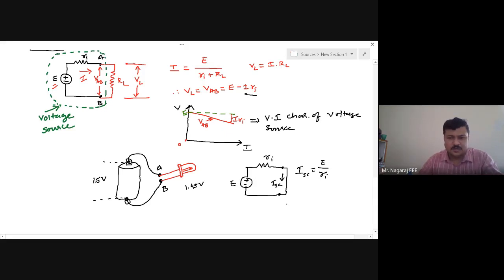And this Ri is very much less. 1 ohm is very large for this internal resistance. It will be in terms of milliohms.